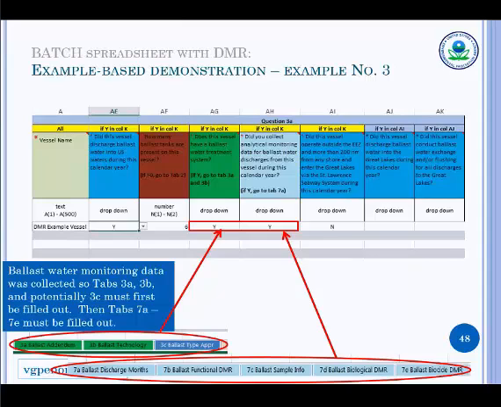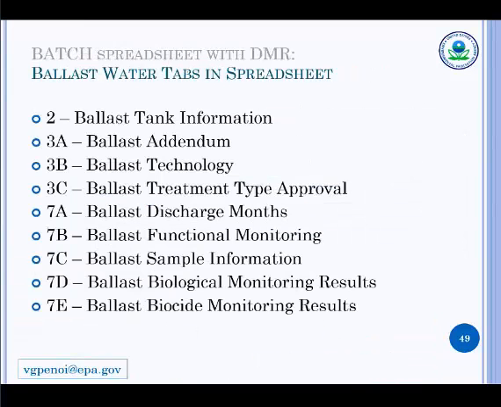Note, though, that by answering yes in column AG, the vessel also has to enter data for tabs 3A and 3B and potentially 3C. There are actually 9 tabs in the spreadsheet specific to ballast water.